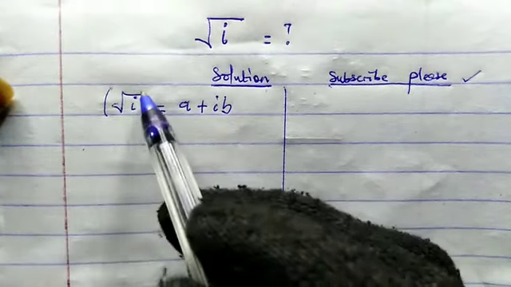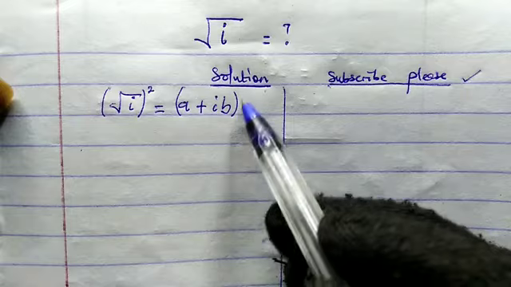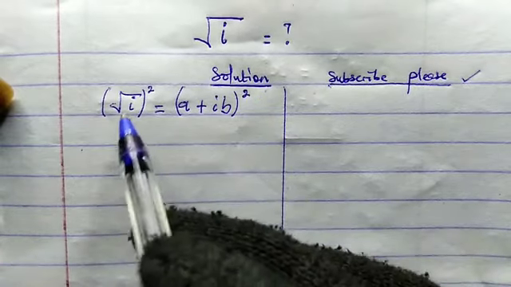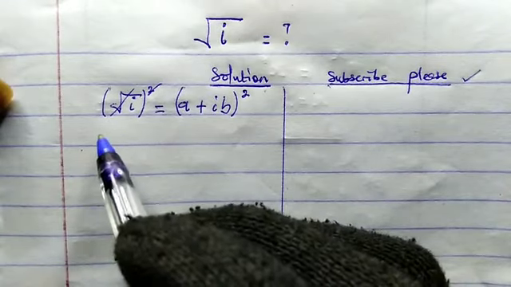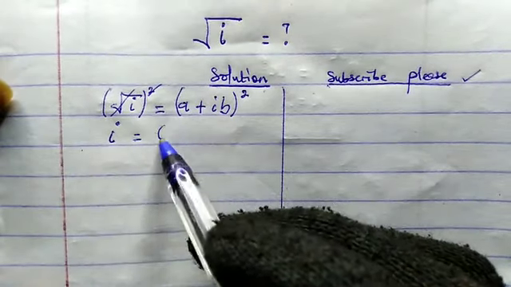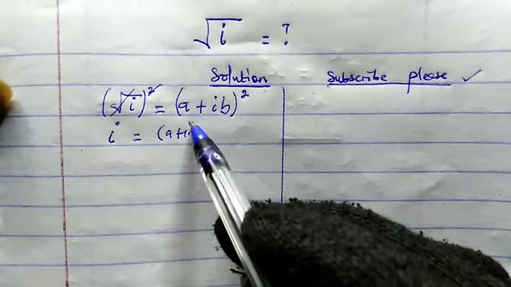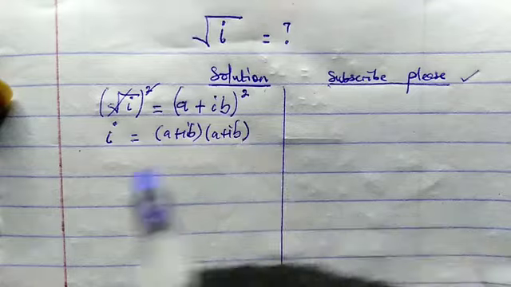So here, this is squared, and here, this is squared. So from here, the square and the root sign will cancel out. Here we have I is equal to, this is same as A plus IB multiplied by A plus IB, right?